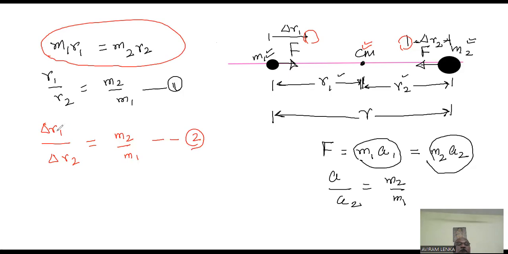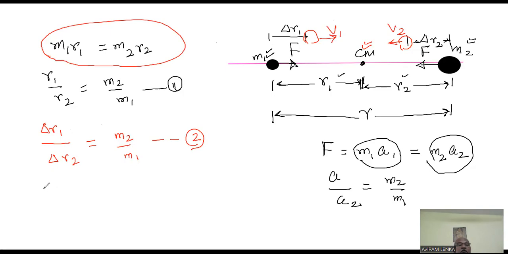Once we allow some time to pass, M1 and M2 must be having their velocities. M1 is moving with the velocity v1, M2 is moving with the velocity v2, and you know velocity is nothing but the derivative of the position vector, the derivative of the displacement.